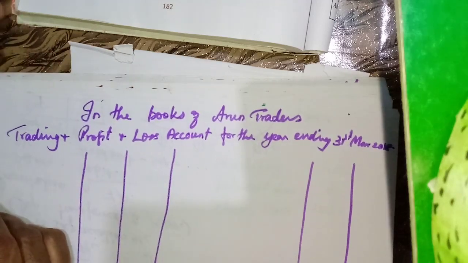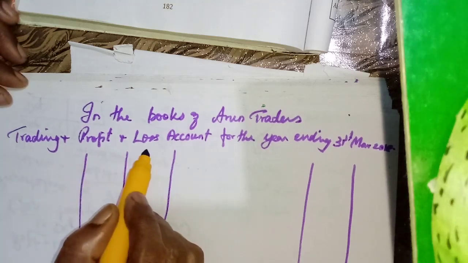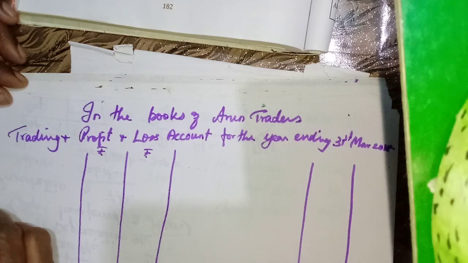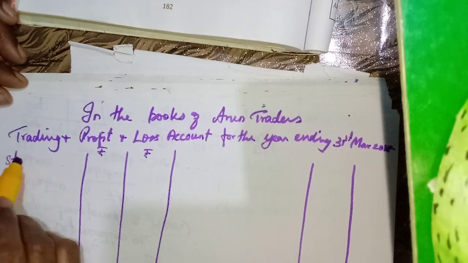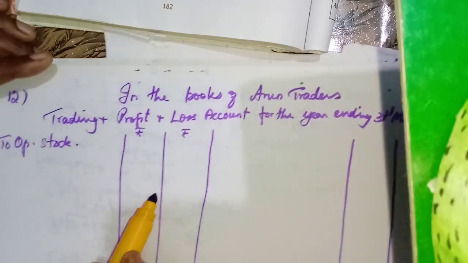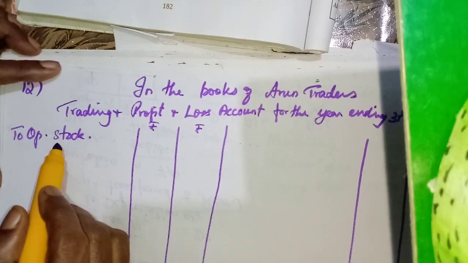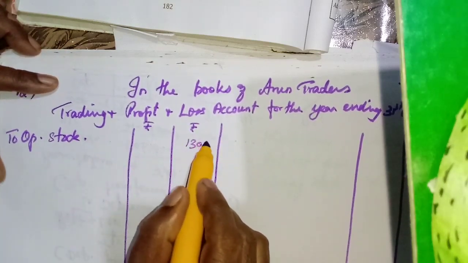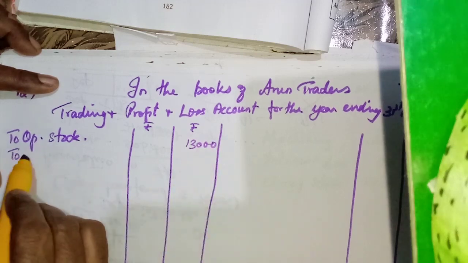Okay, you have to write particulars, rupees. First item, to opening stock, 13,000. To purchases.